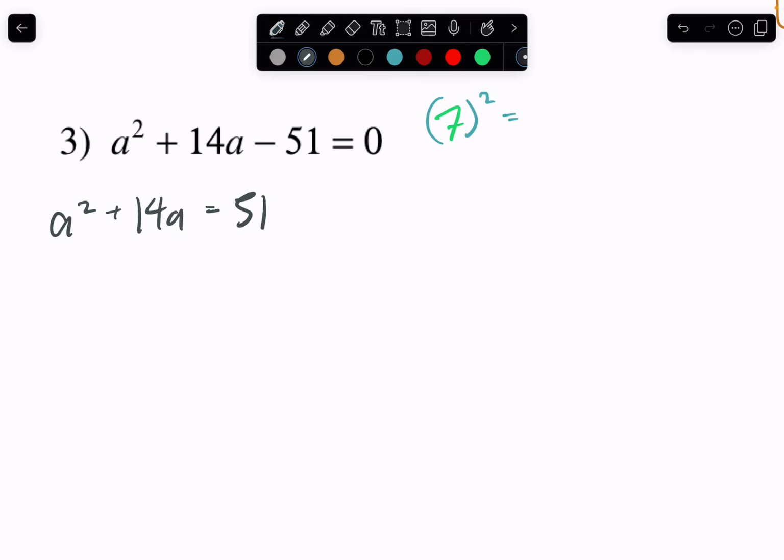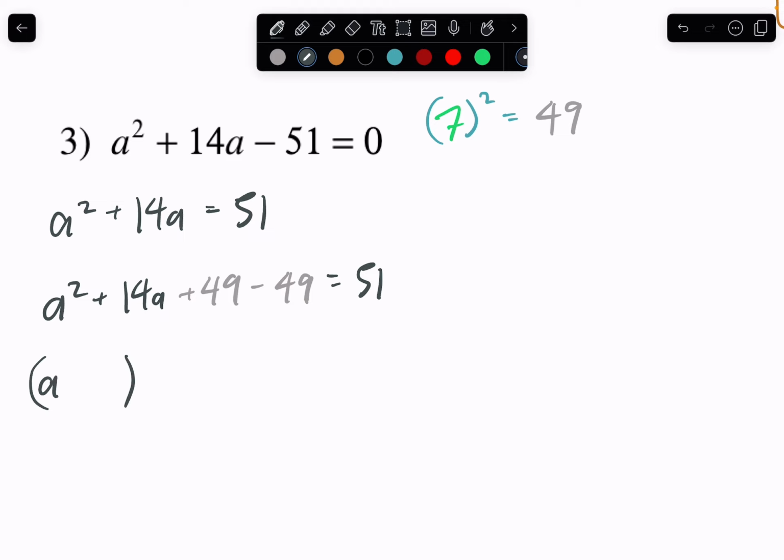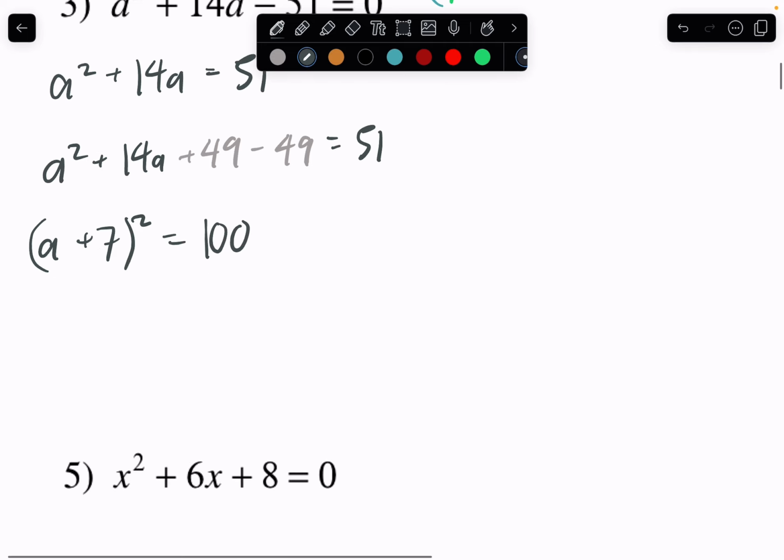That's going to equal 49. So plus 49 minus 49 is equal to 51. Factor: a plus 7 raised to 2. 49 plus 51 is 100. Square root both sides, plus minus 10.